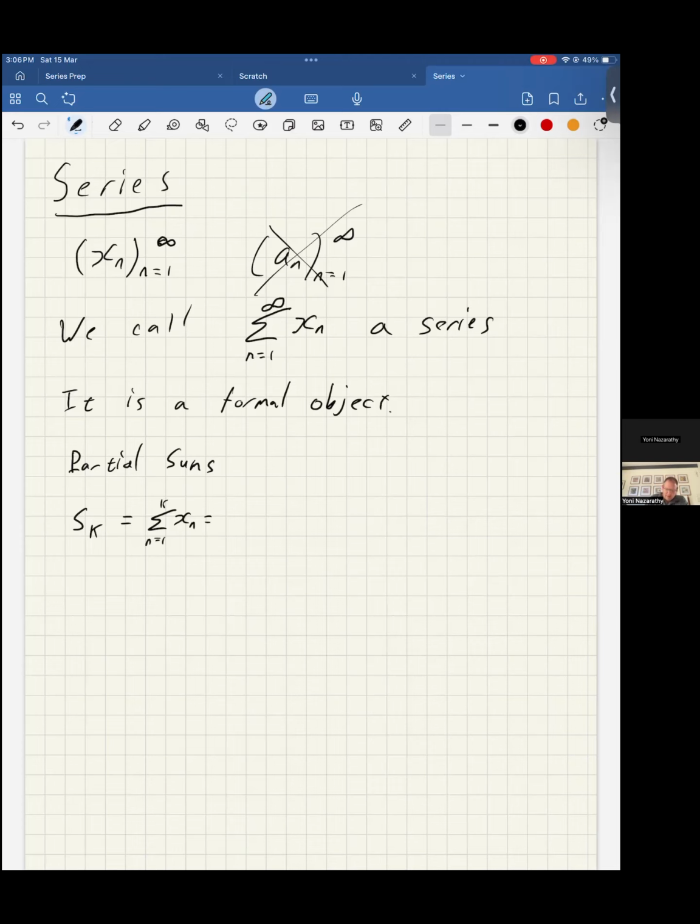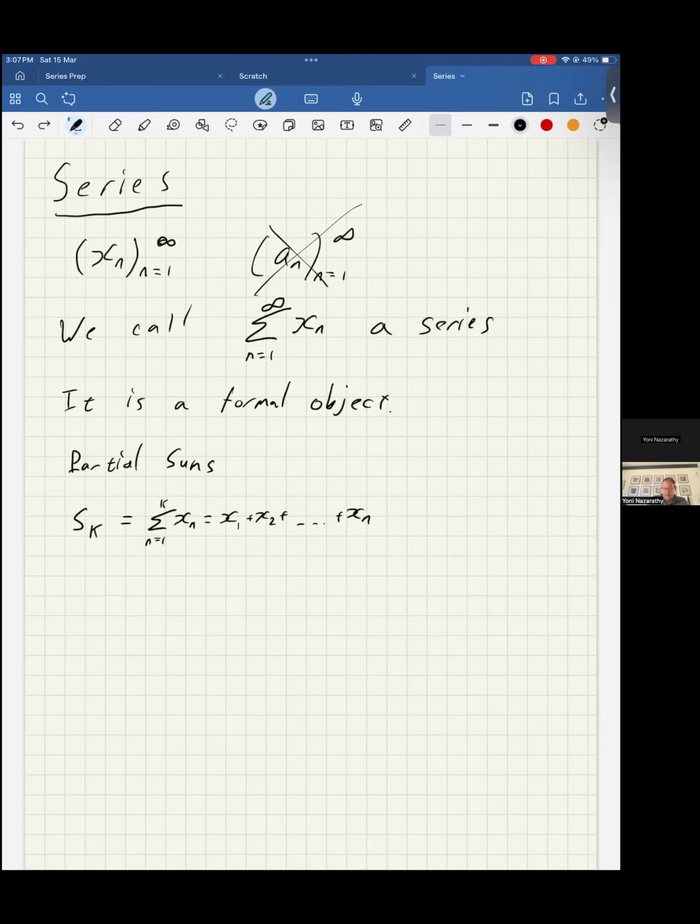Or if you'd like, with a summation notation to open it up, it's x_1 plus x_2 plus up to x_k. Okay. Now that's a finite sum. k might be very big. Maybe it's 5,000. Maybe it's a million. We don't know. But there's still rules on how to manipulate this, and we could follow those rules fully. So these are the partial sums.